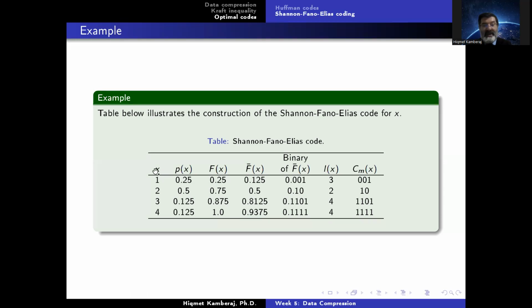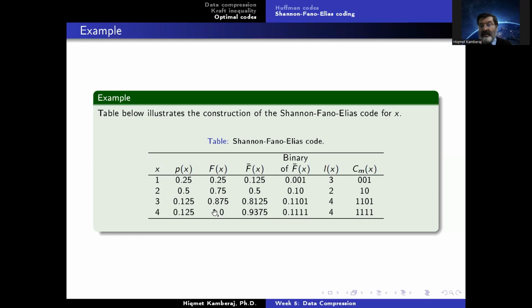Suppose that I have a random variable x, which takes the values 1, 2, 3, and 4, with this probability distribution: 0.25, 0.5, 0.125, 0.125. Then F of 1 is p of 1, 0.25. Then F of 2 is equal to p of 1 plus p of 2, which is 0.75. F of 3 is p of 1 plus p of 2 plus p of 3, 0.875.